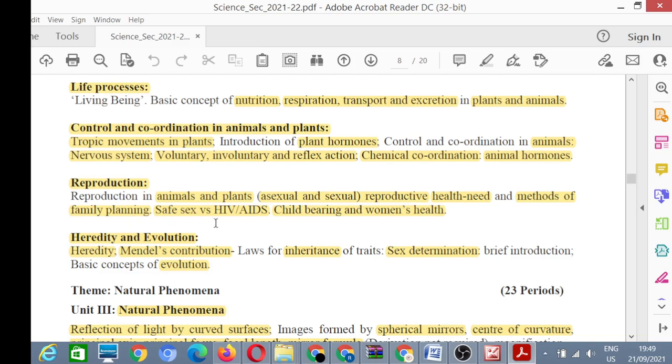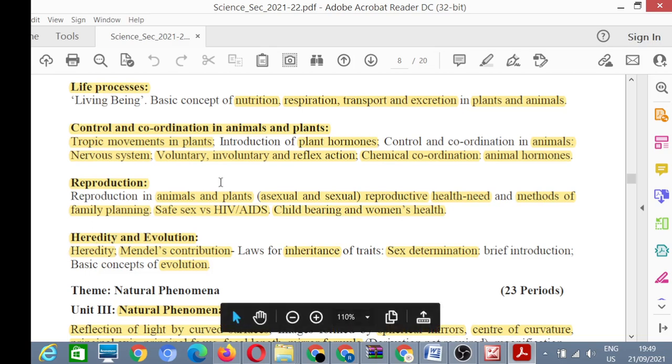Then safe sex versus HIV/AIDS. Lack of safe sex causes HIV and AIDS. Then childbearing and women's health. These are the topics belonging to the reproduction chapter.